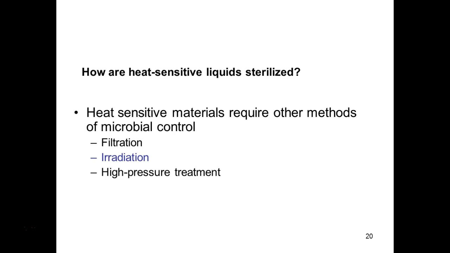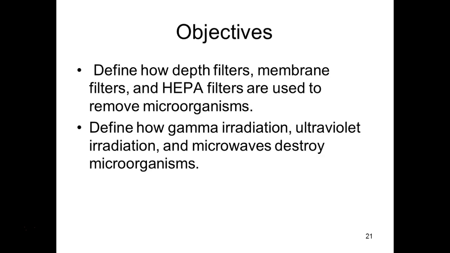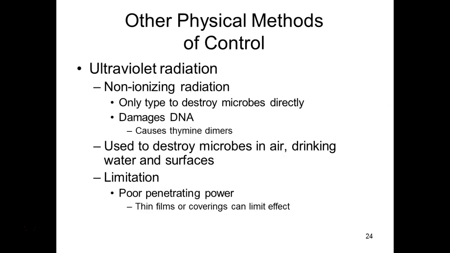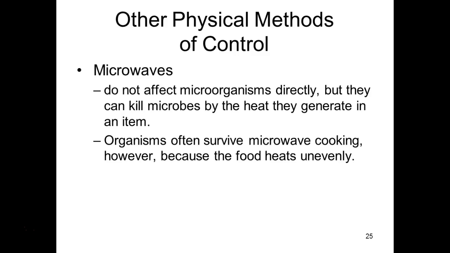It won't penetrate far enough. And then a new advent is pressure, putting things under pressure. There are different types of filters. Make sure you read over that, and for those of you who want to hear it, as I said, I'll post that other lecture for you.